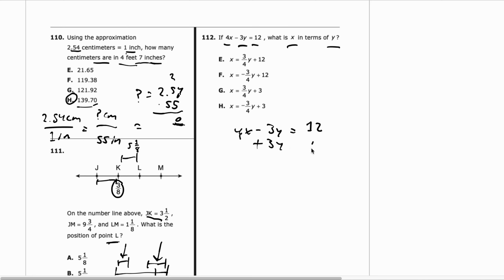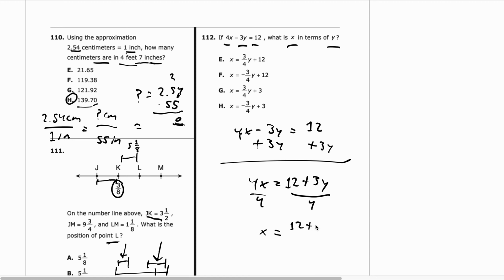So we add 3y. So 4x is equal to 12 plus 3y. So then x is equal to (12 plus 3y) over 4. And this is going to be 3 plus 3/4 y. And that would be this.